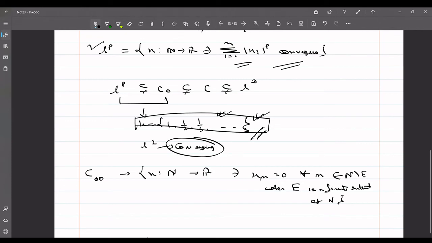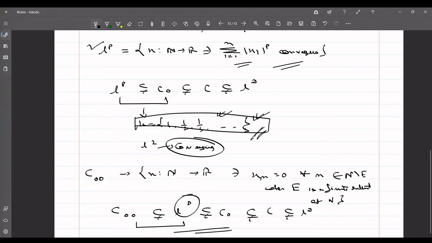This C00 is contained in, and not equal to, LP. So it is an exercise to find why it is a strict containment, and an example which belongs to this but does not belong to this.